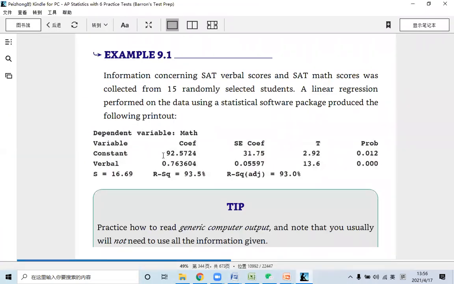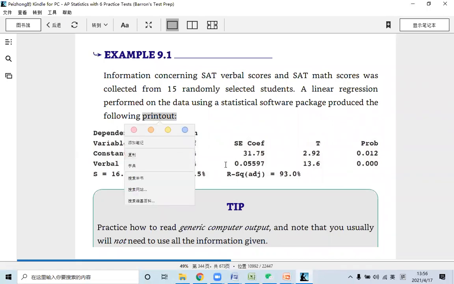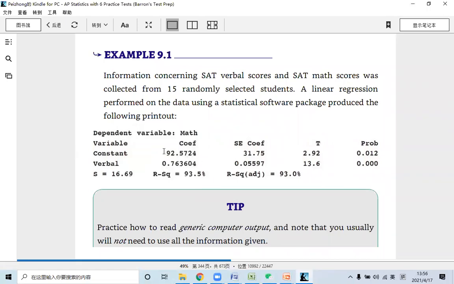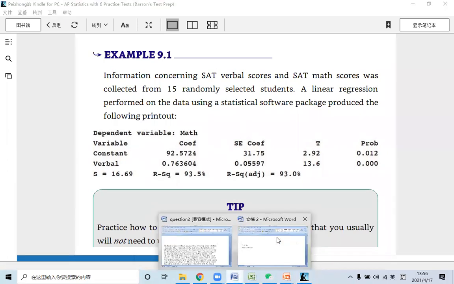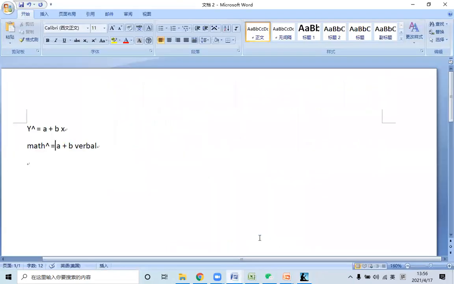A is a constant, the constant coefficient, 92.5724, so it's 92.57.